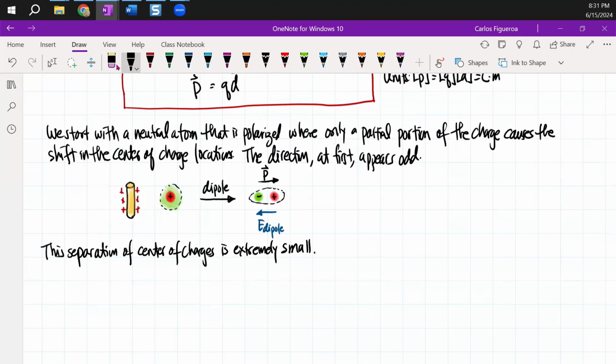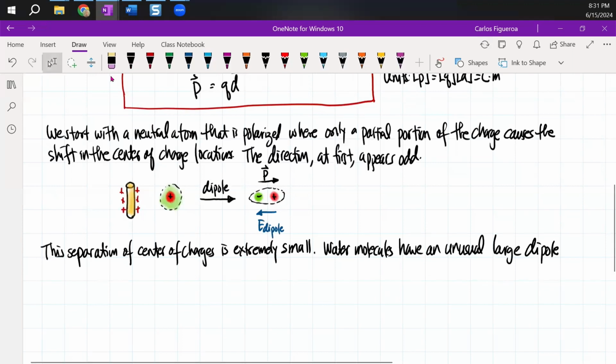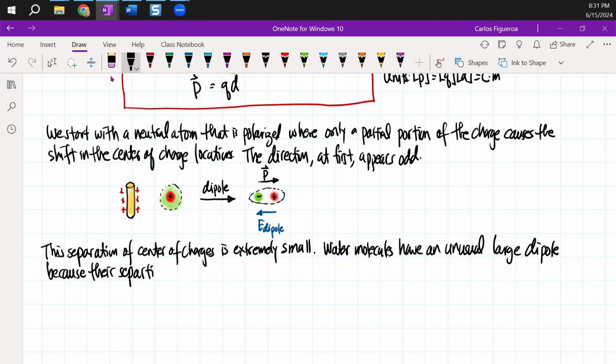To give you a sense of this, water molecules have an unusually large dipole because their separation of charge is large.